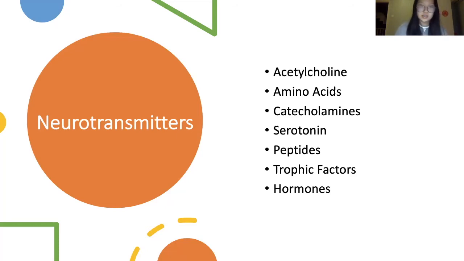Next one, catecholamines. They have two types: one is dopamine and another is norepinephrine. Dopamine, I think you might have already heard about it. Its function is to regulate mood, movements, and cognition, and it also helps regulate the endocrine system.